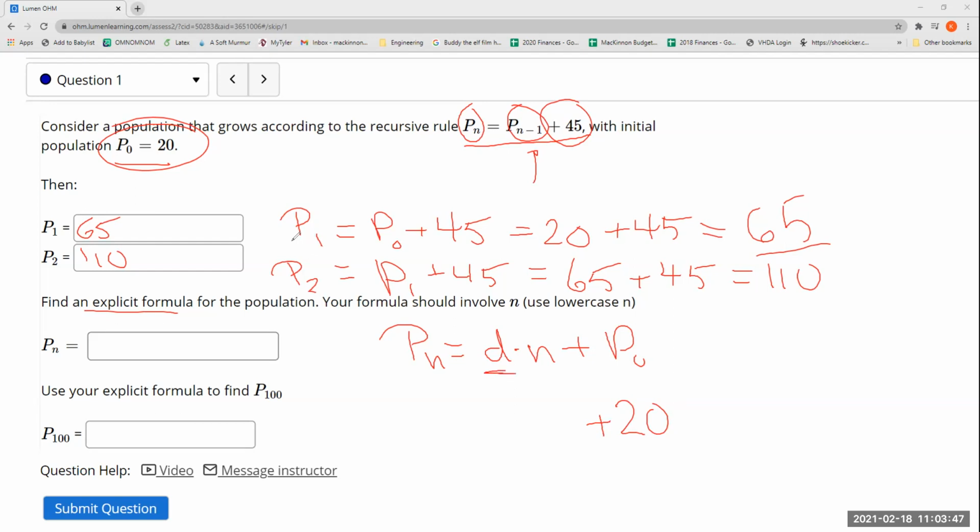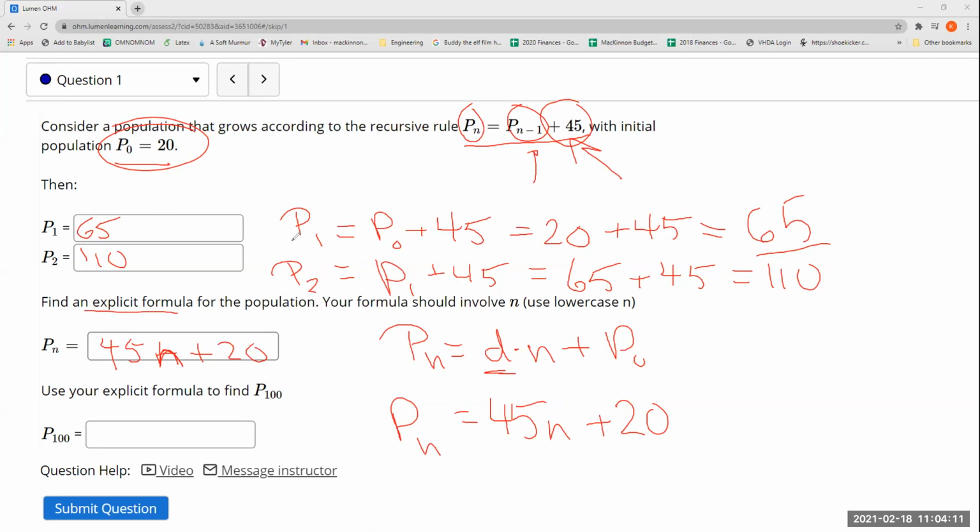That's the thing that we're adding each step. That's also given to us. That was 45. So that's going to be 45 times n plus 20, and that's going to be P of n. And that's my explicit formula. 45n plus 20.